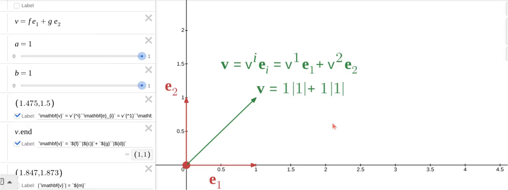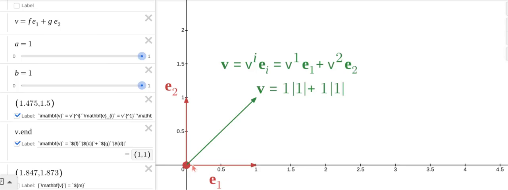But the law of general covariance, which is really what I'm talking about here, says that if I change this coordinate system, I cannot change this vector. So this is a velocity, and the laws of physics must remain constant in any coordinate system.